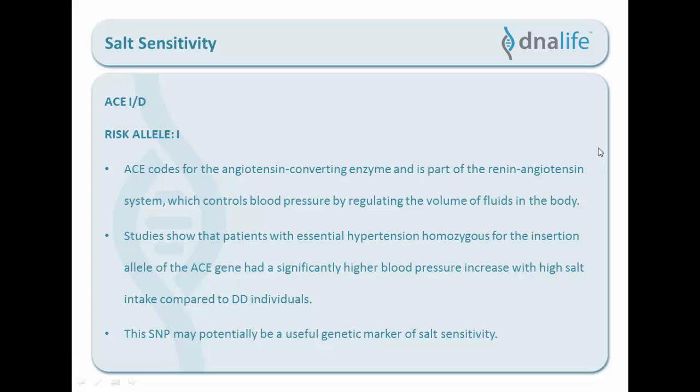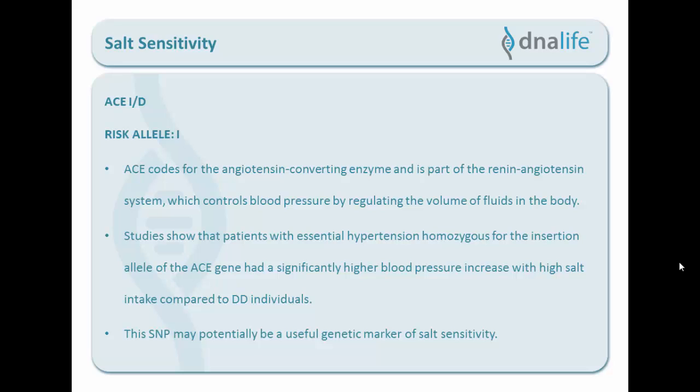So here the risk allele is the I, or insertion, and ACE codes for the angiotensin converting enzyme and is part of the renin-angiotensin system. This controls blood pressure by regulating the volume of fluids in the body.